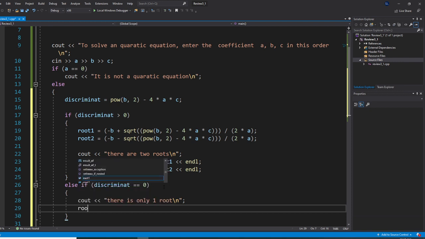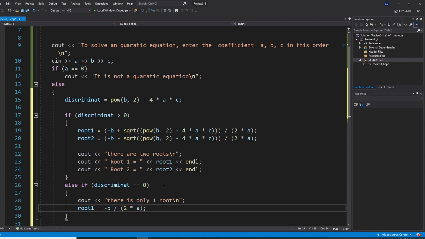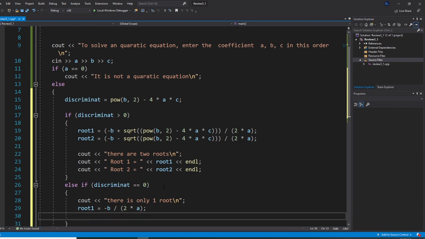So I'm going to say root 1 equals negative b divided by 2 times a. I'm going to just have that one, and I'm going to say root 1 equal to root 2.